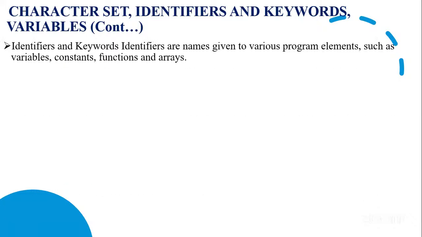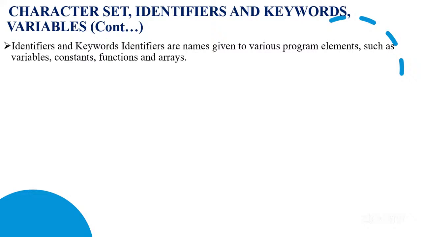Then identifiers. What do you mean by an identifier? Identifiers are names given to the various program elements such as variable names, constants, functions, and arrays. Identifier means to identify something.